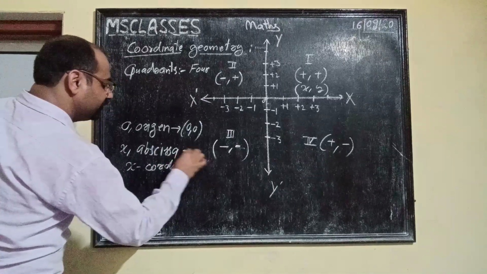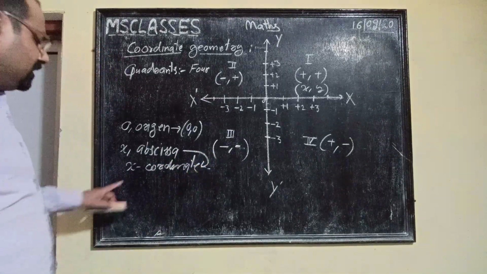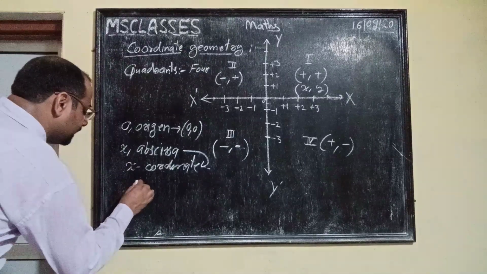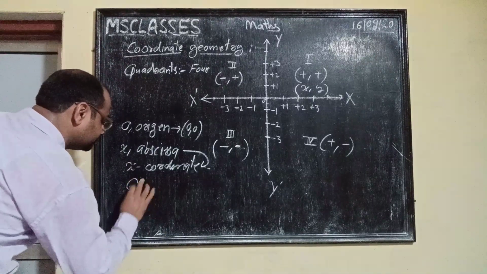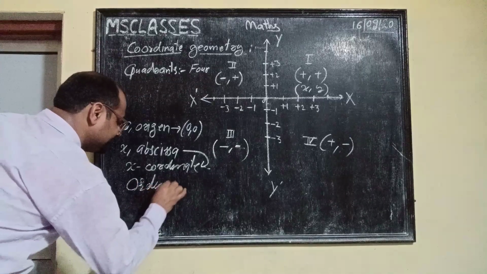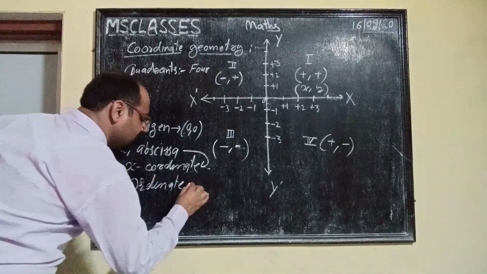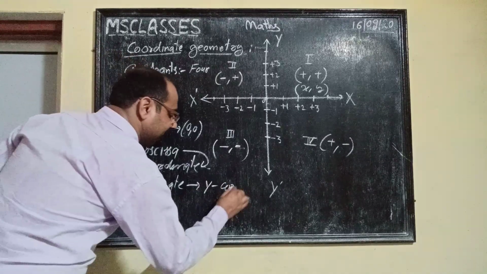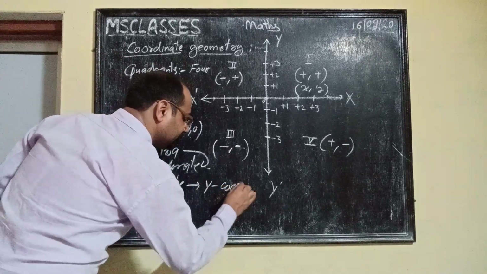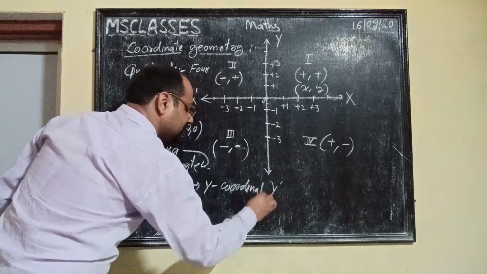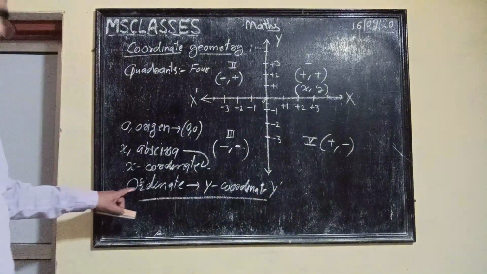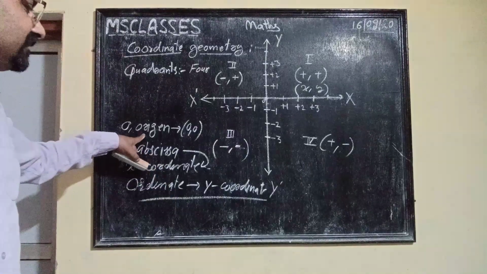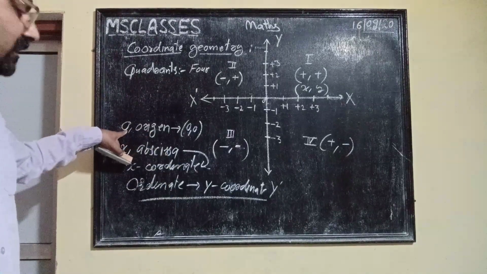So the x coordinate will be abscissa and the y coordinate is ordinate. We call the y coordinate an ordinate. Right, so the y coordinate is ordinate and the x coordinate is abscissa and the origin will be O.